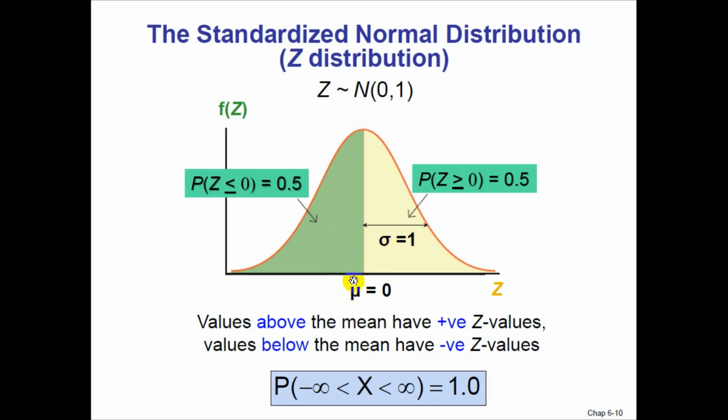Anything above the mean, where z equals 0, has a positive value, and anything below it has a negative z value. This symbol means that the probability from negative infinity to positive infinity equals 1.